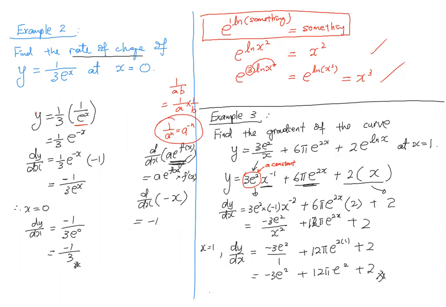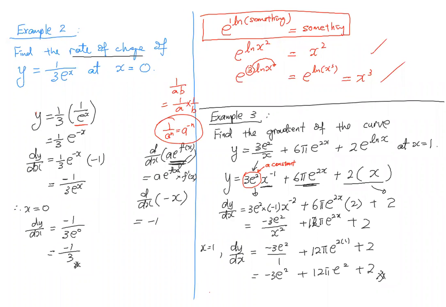You have to know how to recognize which is a power term and which is an exponential term. So the difference is what? Power term, the base is variable. Exponential term, the base is e, the power is variable. See or not?